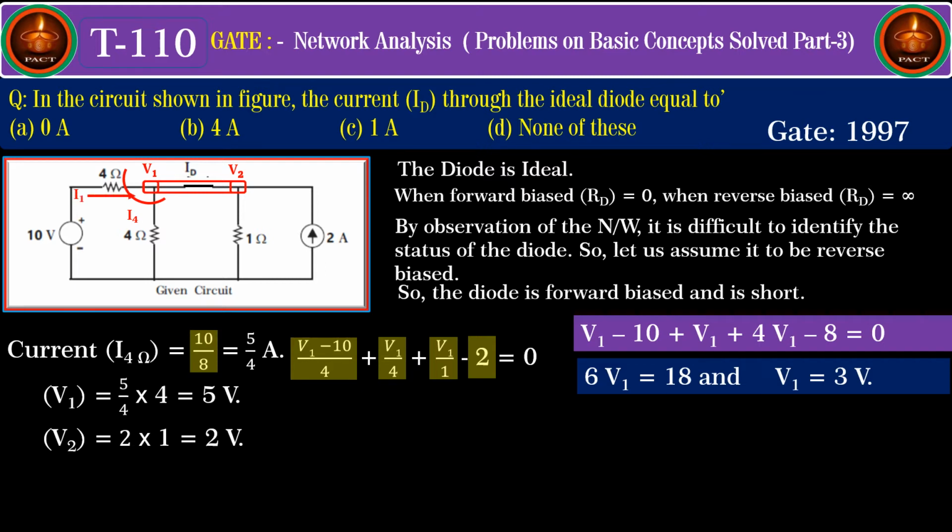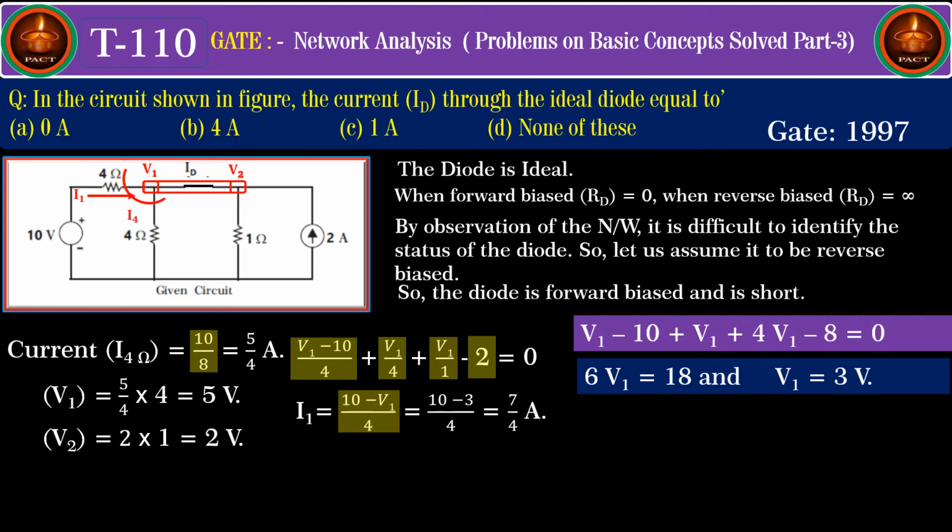So, let the current be I1, which is equal to (10 volts minus V1) divided by 4. We know the voltage V1, and by substituting V1 and solving, we get I1 is equal to 7 divided by 4 amperes.